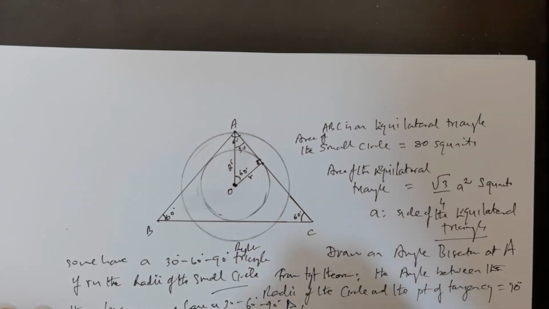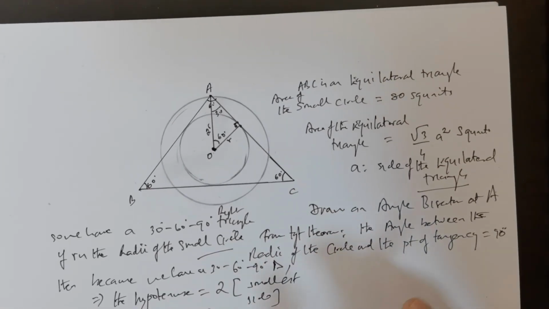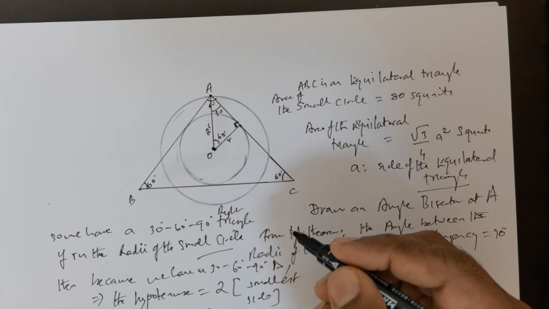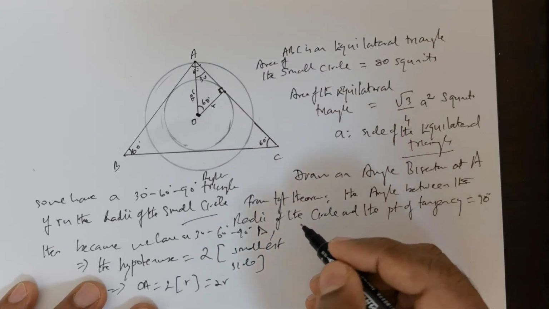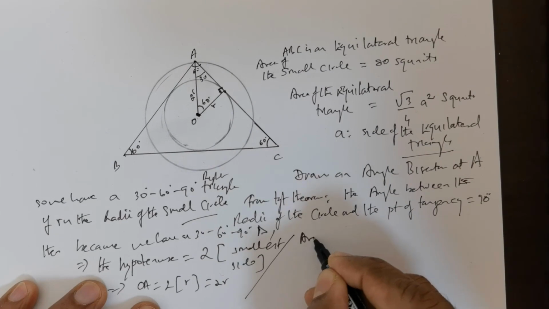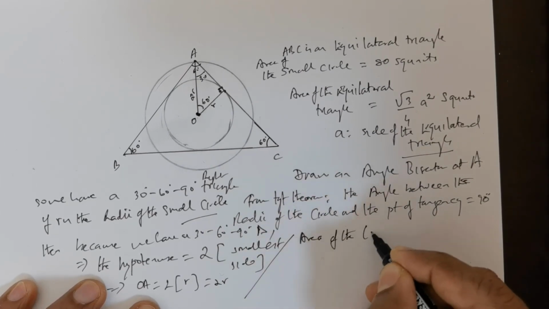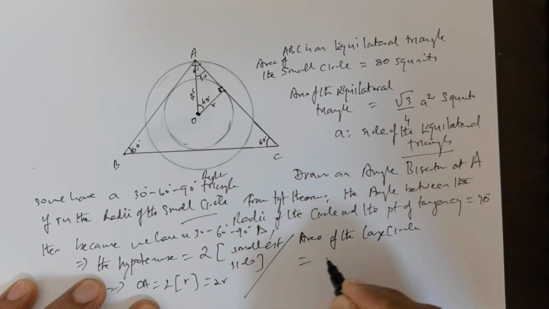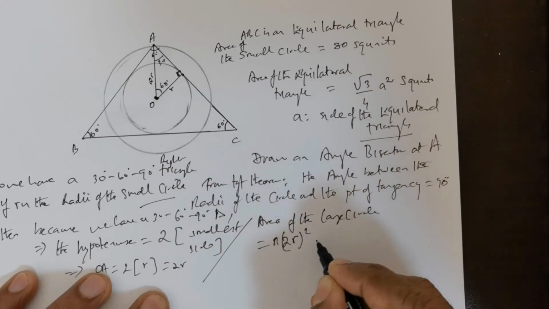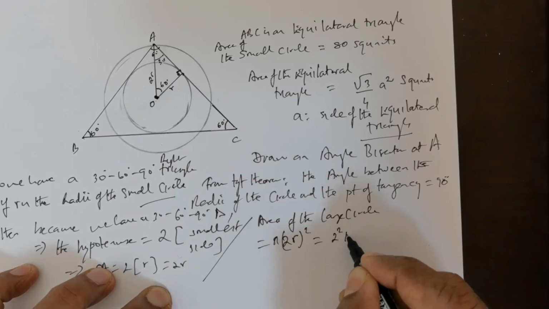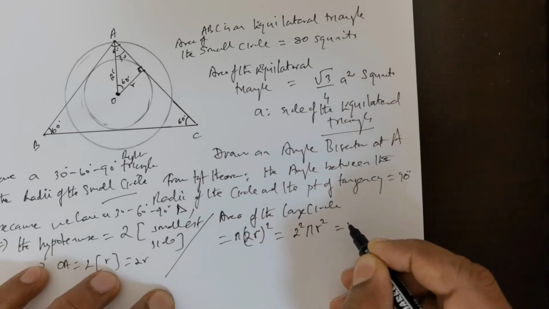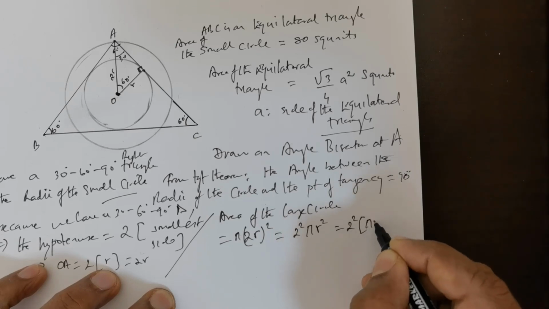So that is a very important piece of information we need. So that is 2r. From here I can actually get the area of the bigger circle. So the area of the large circle is equal to pi times 2r raised to the power of 2, which is equal to 2 squared times pi r squared, which is 4 pi r squared.